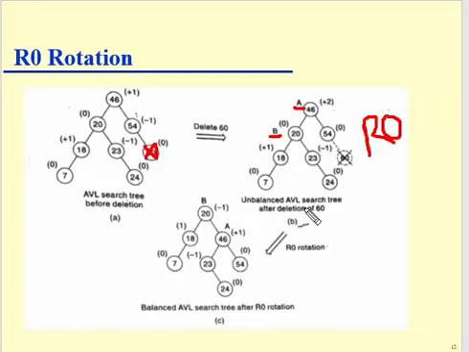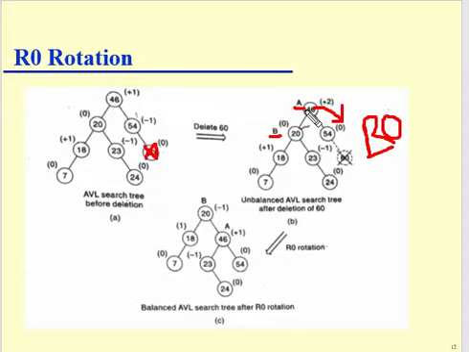In this rotation, how to balance this one? What is your out of balance node? Out of balance node is your 46. If your rotations are R, whether it is R0 or R1 or R -1, it is very simple. You have to move your out of balance node towards the right side. Move this 46 towards the right side.